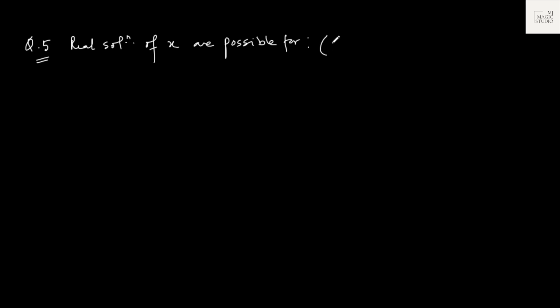Look carefully. x square minus 4x plus 3 to the power x square plus 3x minus 4 is equal to 1. Give it a try. It's not graphical. Give a logical try.